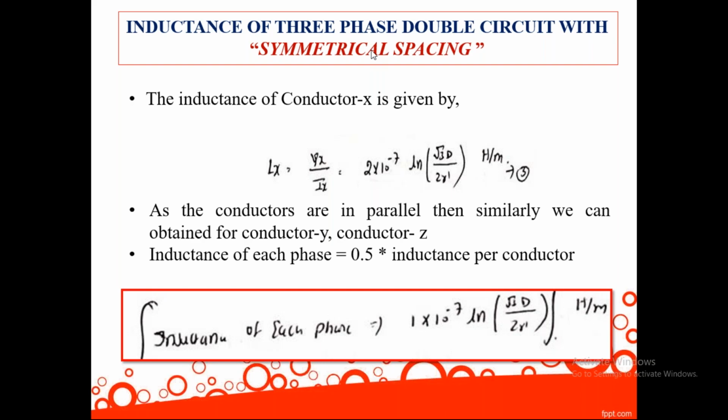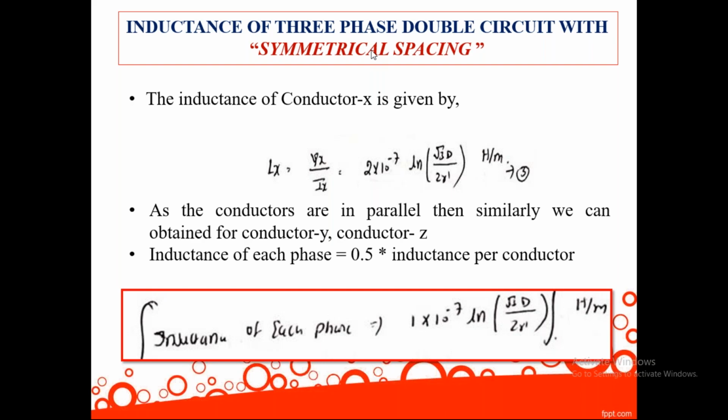After that we go for capacitance calculation. In this first unit we have two parts: one is the inductance part, and the second part is the capacitance part. So you may get one question from the inductance part and one question from the capacitance part.